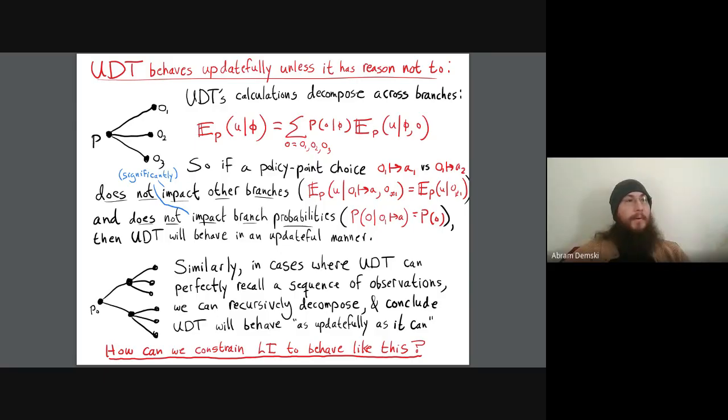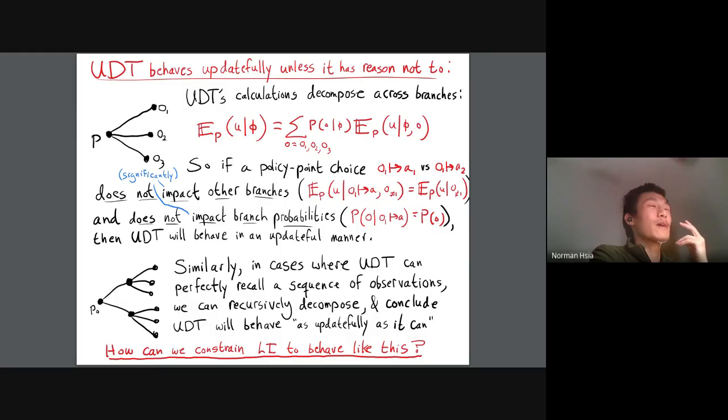Intuitively this seems quite powerful, this way of doing things.